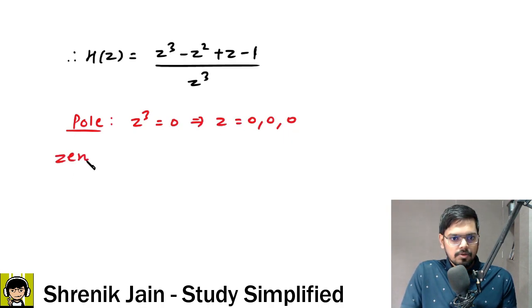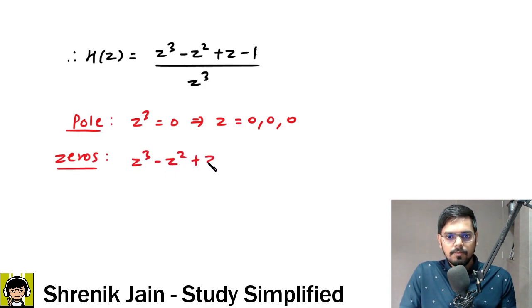Okay, talking about the zeros, then if z cube minus z square plus z minus 1 is equated to 0, here if I take z square common, what will happen? Z minus 1. Here also we have z minus 1. Now is it easy?